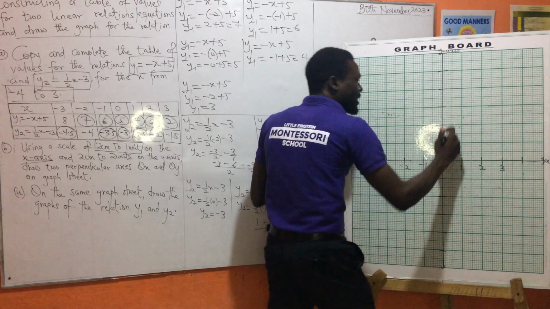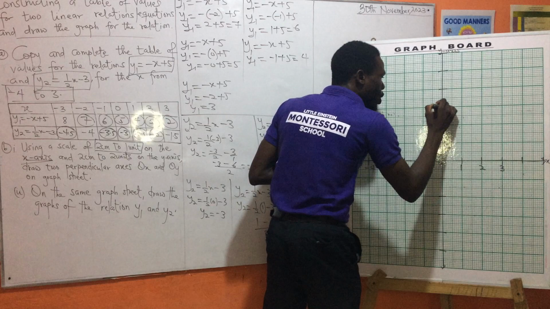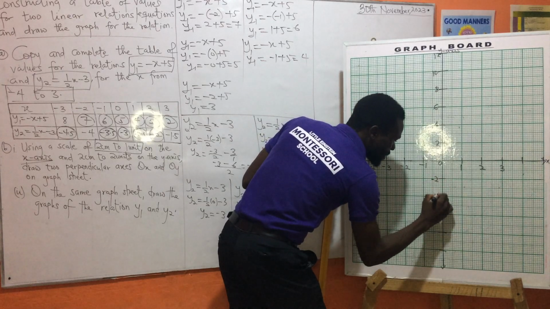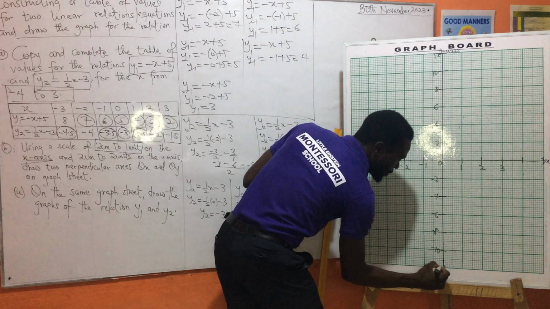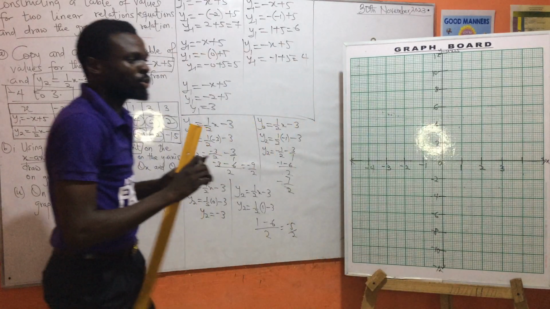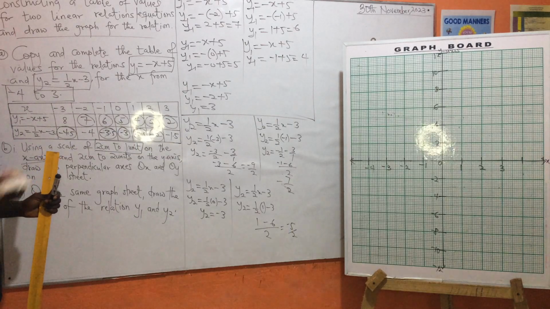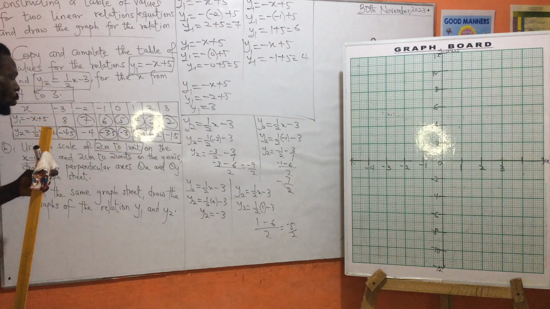So we say this side is positive: 2, 4, 6, 8, 10, 12. Negative 2, negative 4, negative 6, negative 8, negative 10, negative 12. So we've been able to draw the 2 perpendicular axes OX and OY.